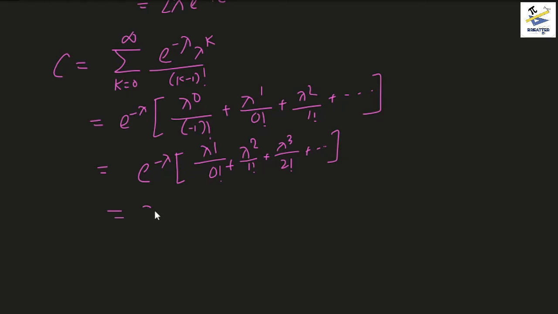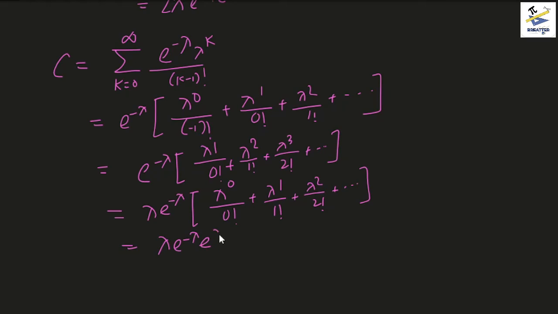And as usual, taking a lambda common would give us lambda to the power 0 by 0 factorial, lambda to the power 1 by 1 factorial, lambda to the power 2 by 2 factorial and so on, which is again exponential of lambda. So lambda e to the power minus lambda e to the power lambda, this gives you lambda, right?